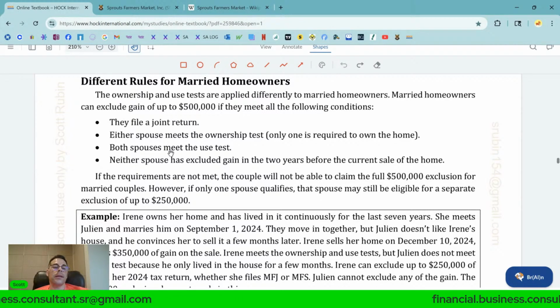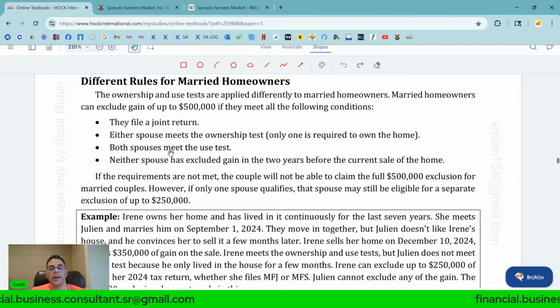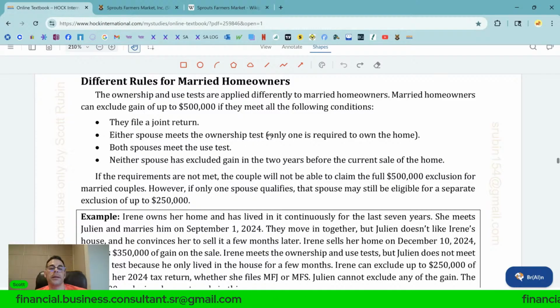Say for instance, you bought a house like 10 years ago, and then your wife moved in last year. You could still qualify for this as long as either spouse meets the ownership test.